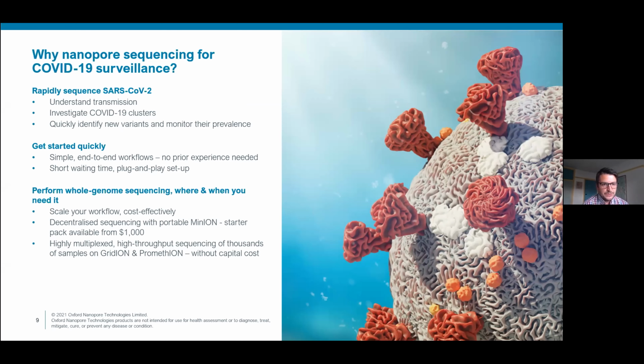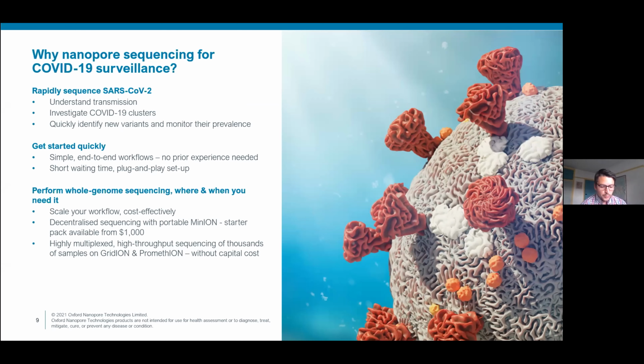People were able to get started quickly, and are still able to get started quickly with simple end-to-end workflows with little prior experience needed. I will say that we probably will need at least a passing introduction to a pipette, and there is a short waiting time and a plug and play setup. And this is available to people from as little as $1,000 or £1,000.